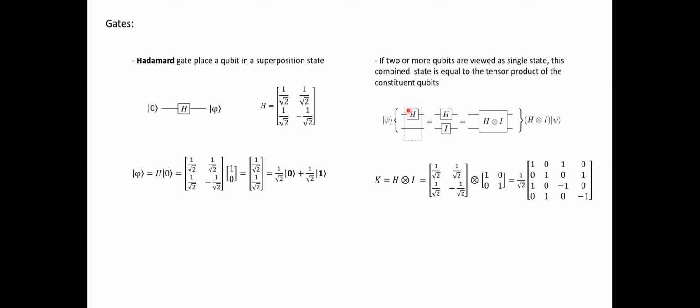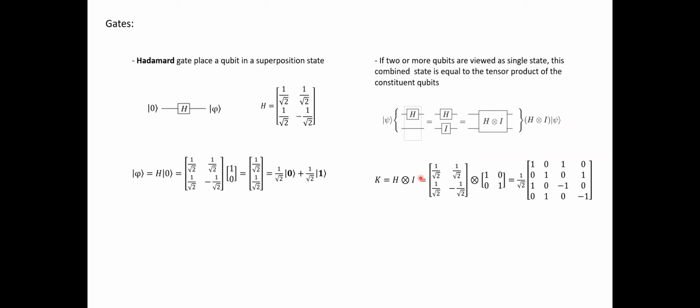If I perform an H gate on qubit 0, I can also think that I am performing an identity operation on the second qubit. Identity basically keeps the state across that gate. So the new gate for those two qubits is going to be the tensor multiplication of H and identity. The output will be H tensor identity times the input state.